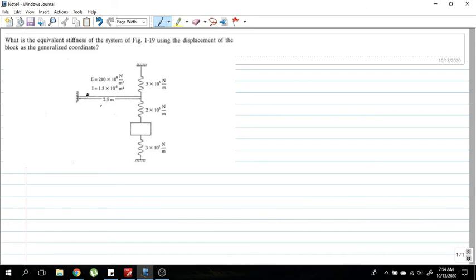So for this type of beam, we can find the stiffness by using this relationship, 3EI divided by L cubed.